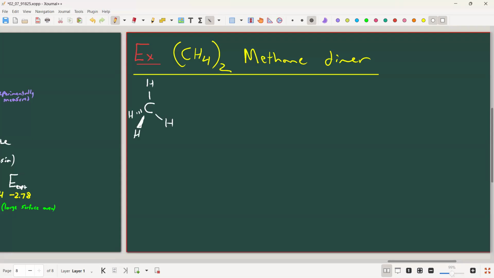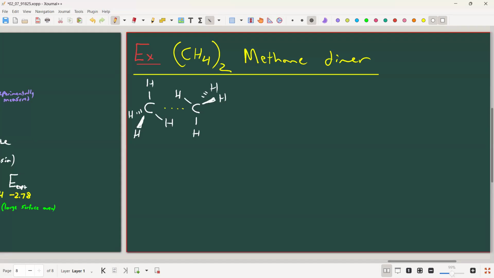It wasn't until the late 90s that we figured out that, in fact, what happens is perhaps the most boring combination, where basically the other methane is just upside down. Like this. I've got one methane that looks like this, and the other one's like this.